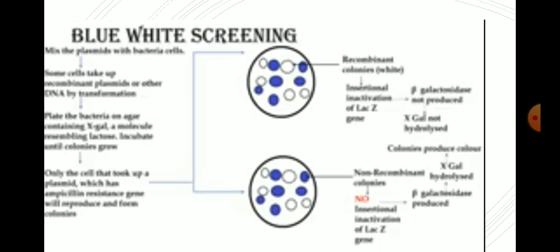It is because of the hydrolysis of X-gal. When X-gal is hydrolyzed, it gives the blue color. So the colonies which appear white have the recombinant DNA, and thus are the cells to be used for further experiments.